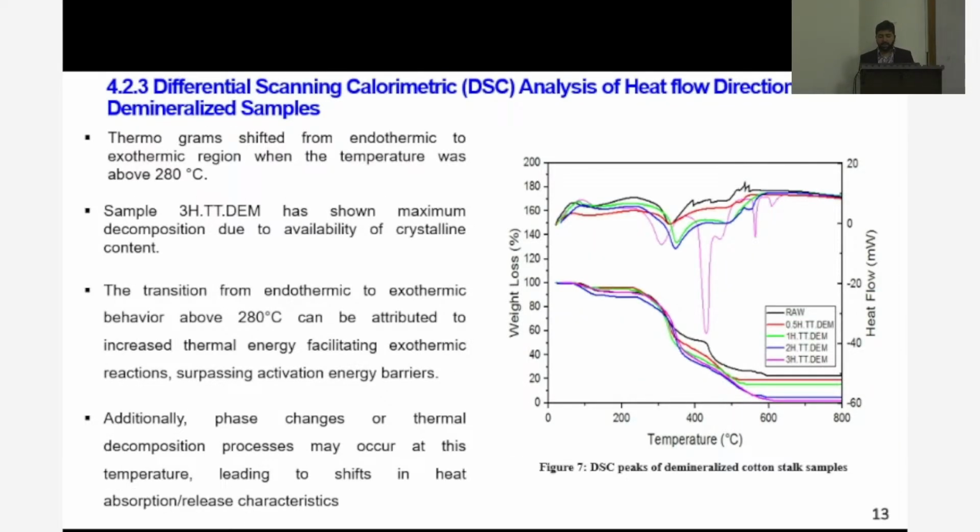We also have a DSC analysis of the demineralized samples, and in this, 3-HTDEM has shown the maximum phase shift from endothermic to exothermic, as it can facilitate a higher amount of energy untapping for practical purposes.